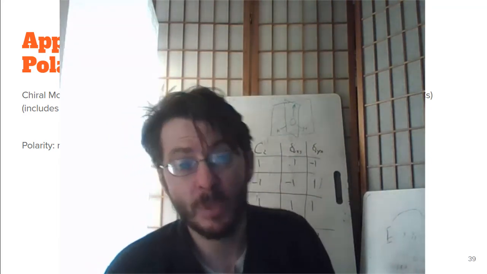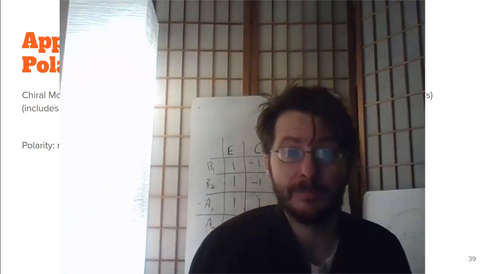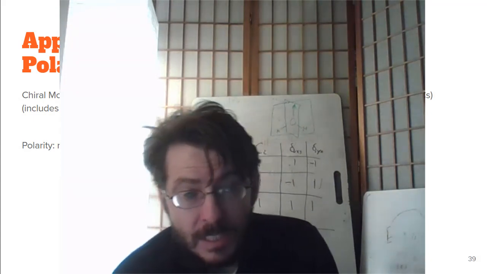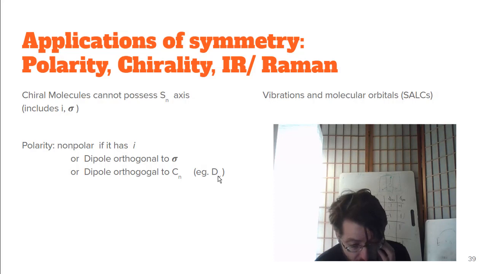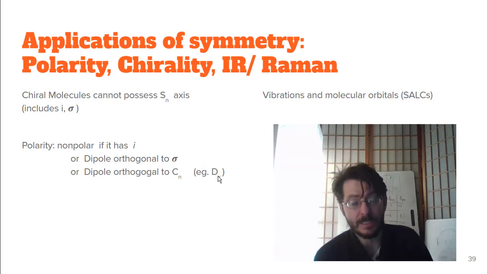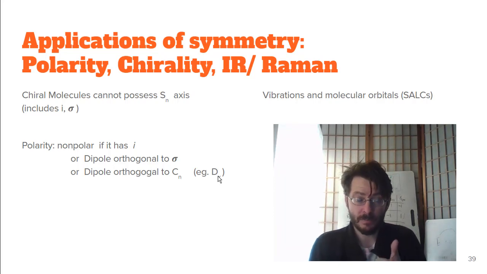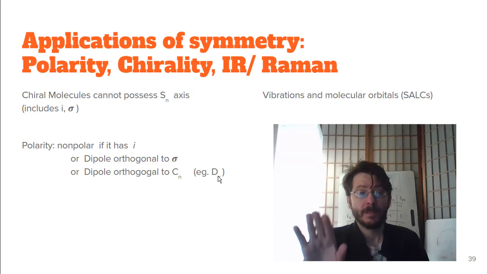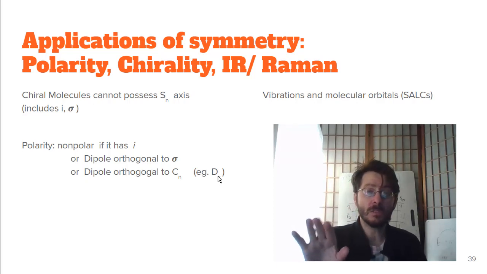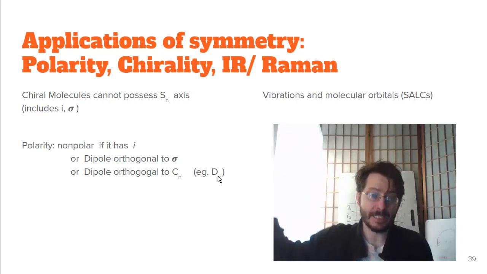Last and most important, and where we're going to spend most of our time, are vibrational and molecular orbitals. Symmetry allows us to determine the irreducible representations in vibrations for molecules and molecular orbitals, using something called symmetry-adapted linear combinations, SALCs. The SALCs we'll talk about in the next discussion.